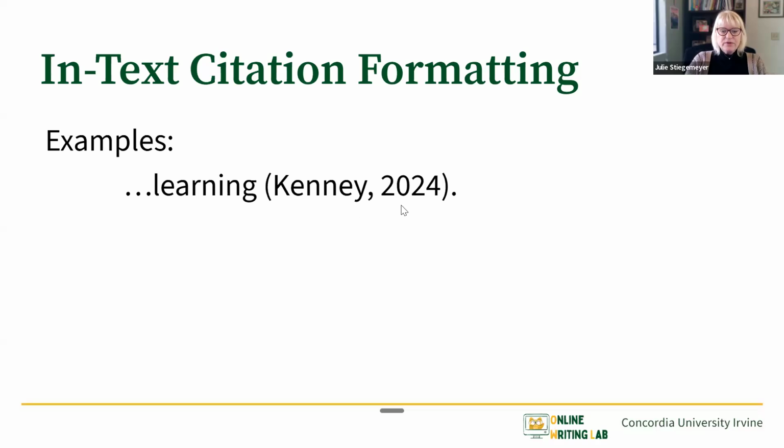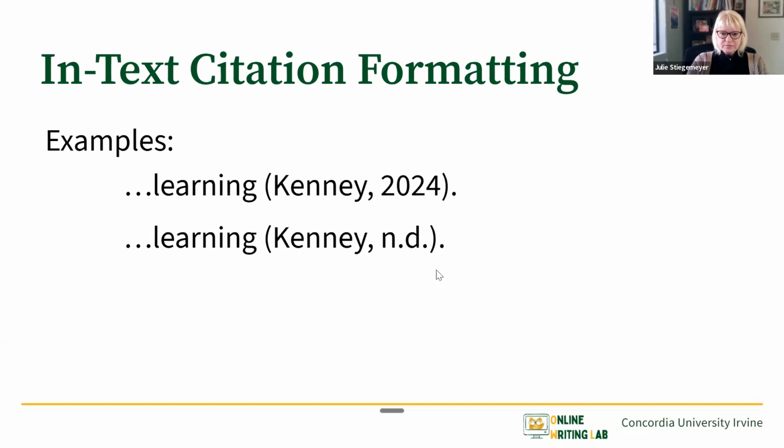If this source were only to include one author, we would show it like this. This is a parenthetical citation that you would add to the end of the sentence. I'll talk more about narrative citations in another video. So here's the end of the sentence, no period before the parentheses, the author's last name, comma, year, and then the period.